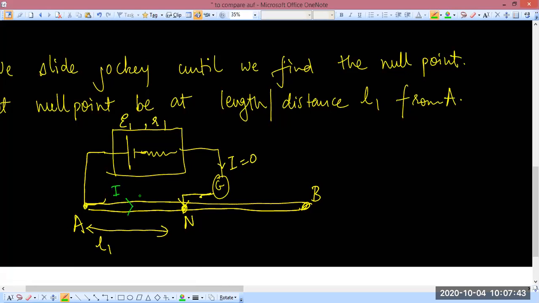Let's say here there is a current and here the current I1 is 0. Clear? Is the diagram clear, everyone? I'll let it go for now, we'll take a break later. Is this clear?